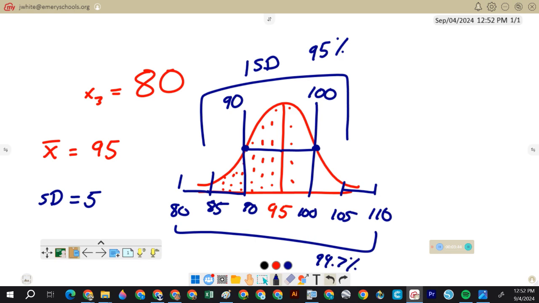So what do we consider normal? Well, normal is a bad word. What do we consider usual? Well, anywhere within 1 standard deviation is pretty usual, right? About 2/3 of the people score within 1 standard deviation, okay? Anything outside of 1 standard deviation starts to get a little bit weird.